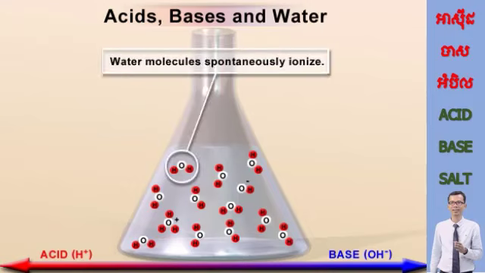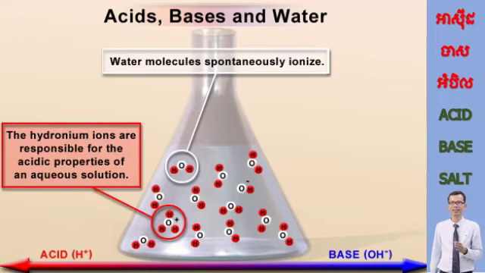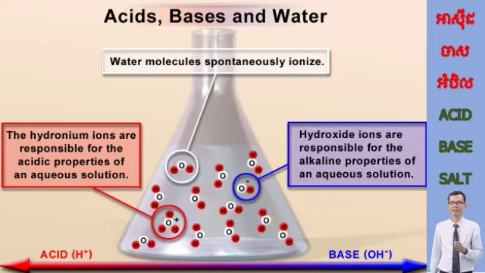A water molecule, composed of 2 hydrogen atoms and 1 oxygen atom, can spontaneously dissociate, freeing a positively charged hydrogen ion, which is quickly accepted by a nearby water molecule and forms a hydronium ion and a negatively charged hydroxide ion. Hydronium ions are responsible for the acidic properties of solutions, and hydroxide ions are responsible for the basic properties of solutions.